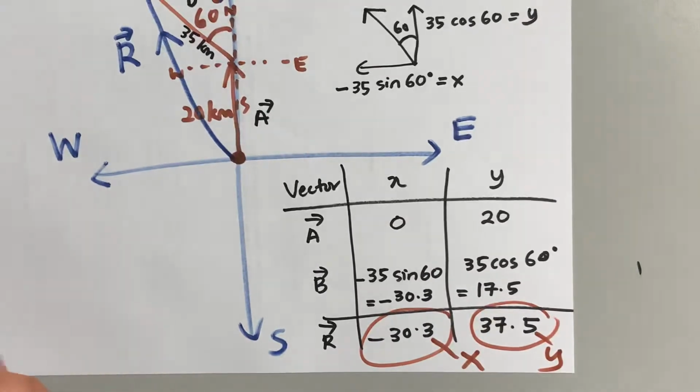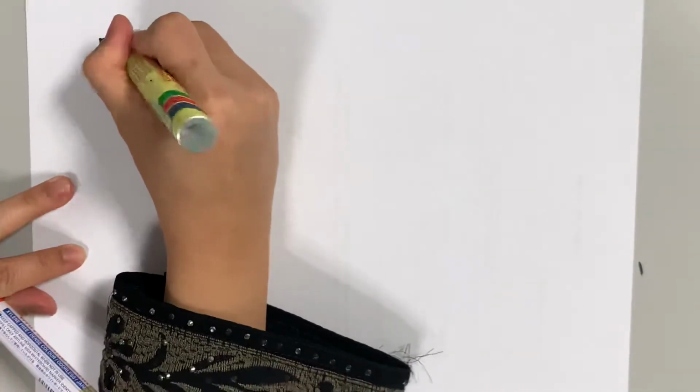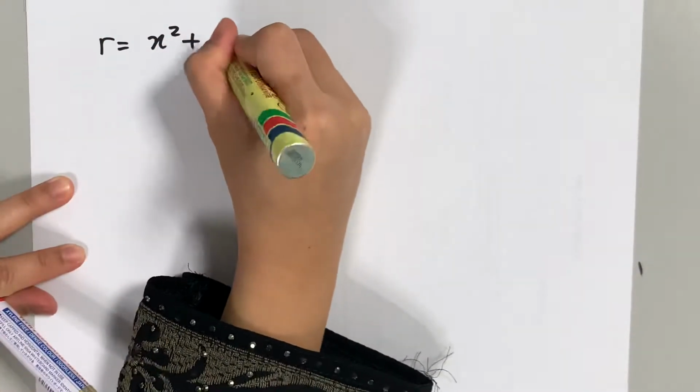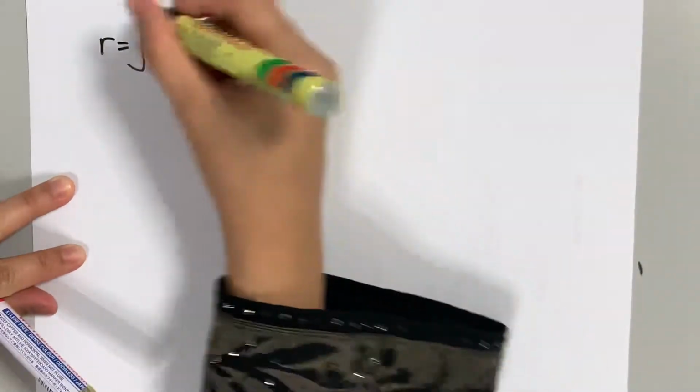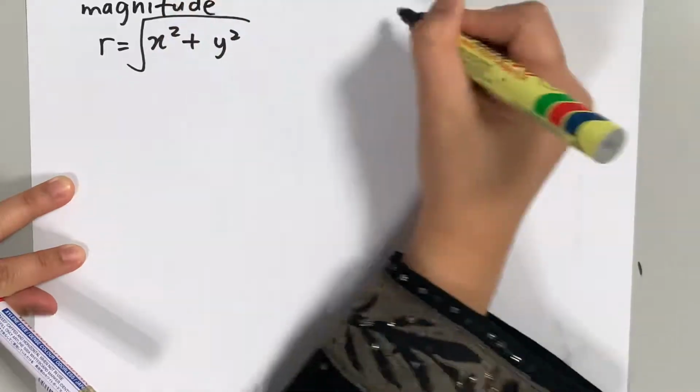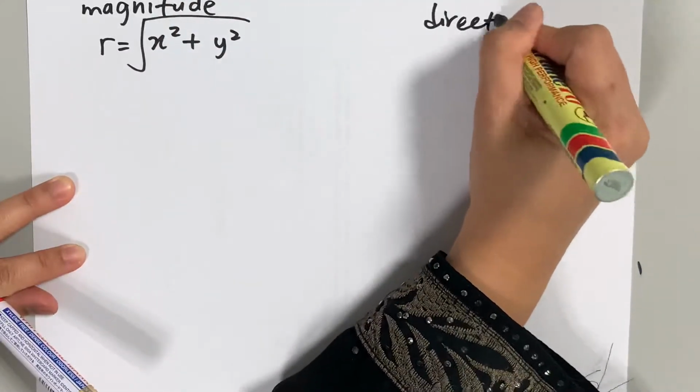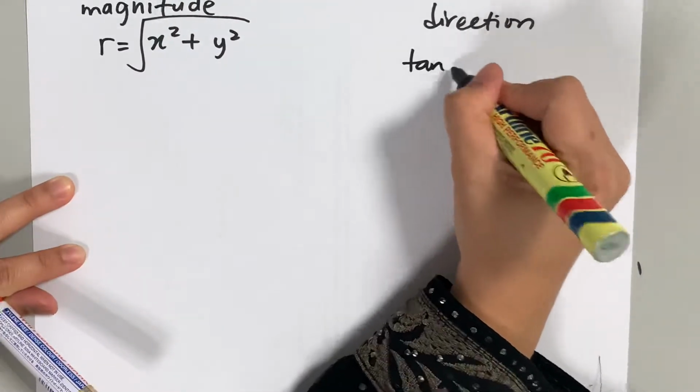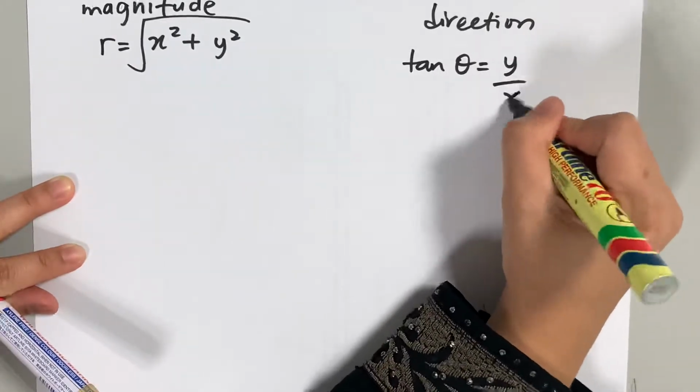So the next step, you have to find the magnitude and direction. So how do you find the magnitude? Use the equation: magnitude is equal to the square root of x squared plus y squared. This is the magnitude. Direction is tangent theta equal to y over x.